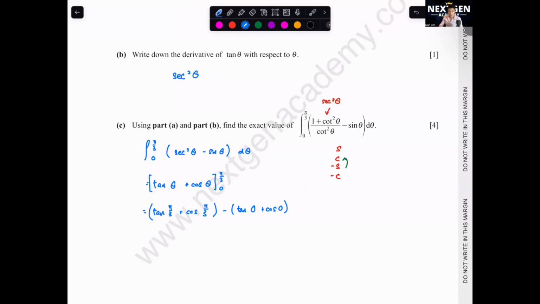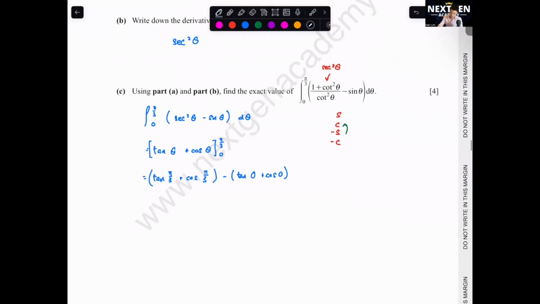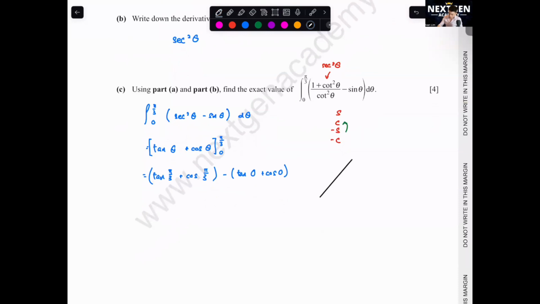Pi over 3, we will refer to the special angle triangle. Draw it out first. This is a 60 degrees equilateral triangle. Then you split it into half over here. Pi over 3, we are just going to use the 60 degrees here. 60 degrees. Here is 1. Then using Pythagoras, this is root 3.